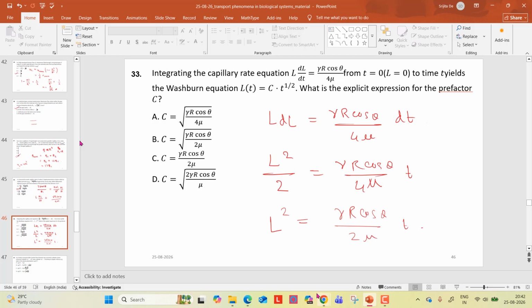Then L will be root under gamma r cos theta by 2 mu into t to the power half. So C will be gamma r cos theta by 2 mu. It is option B.